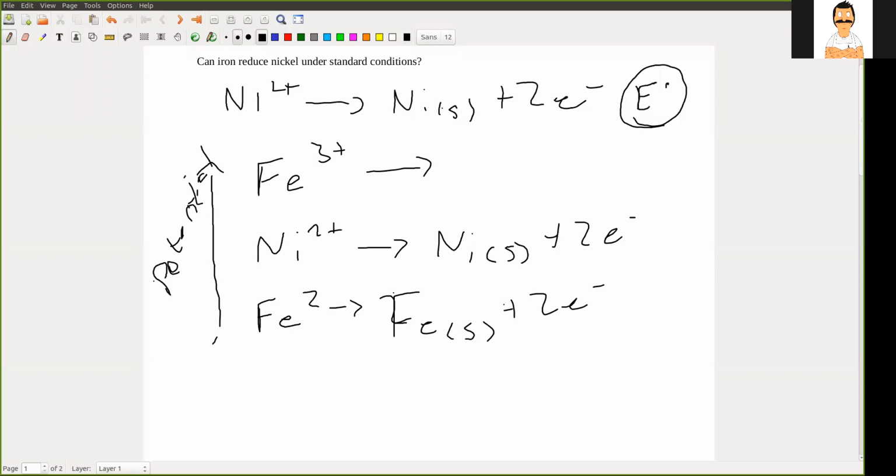So this will be fairly negative, whereas this will be much more positive. In fact, they are negative and positive.